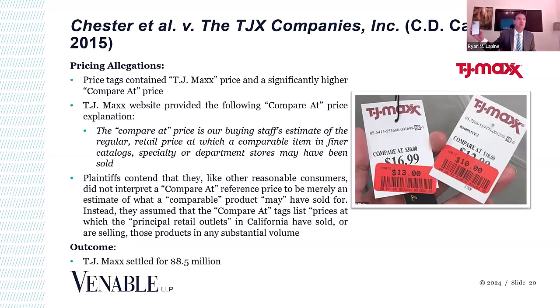You could say this phone compare at X amount of dollars, and maybe it was sold at a retailer at the mall for that price for an extended period of time. That's fine, but you can't guess. And because they were guessing here, they ended up settling for $8.5 million, and probably do things a bit differently now, although I don't know.